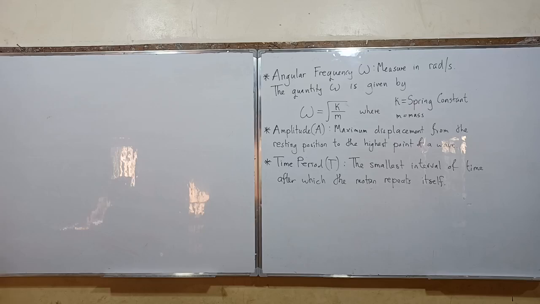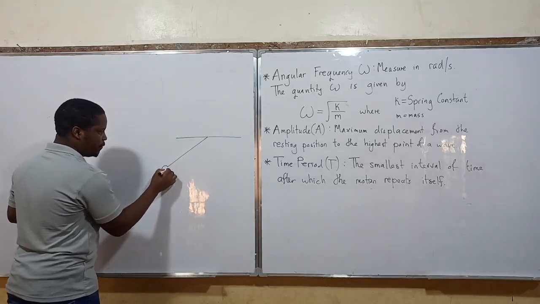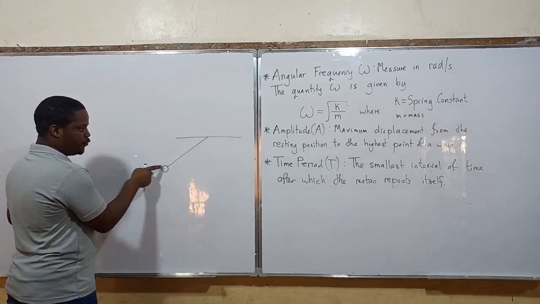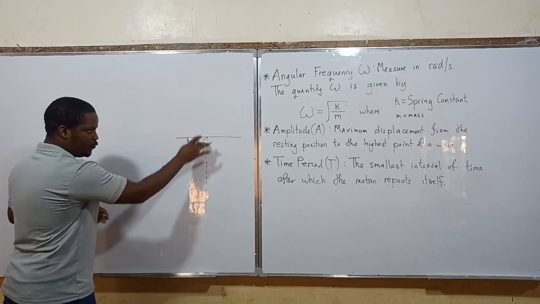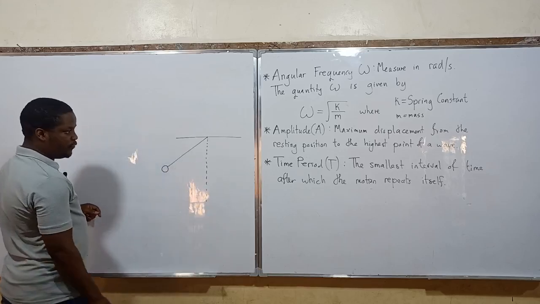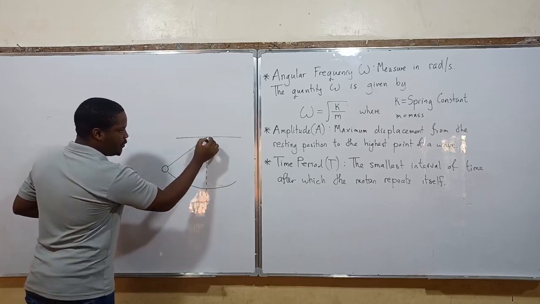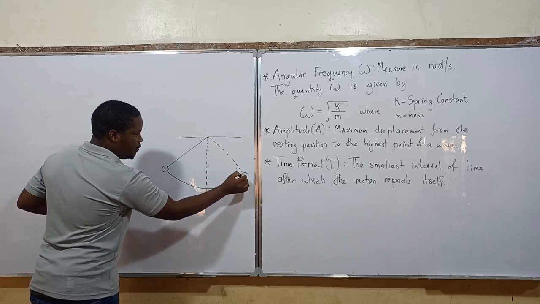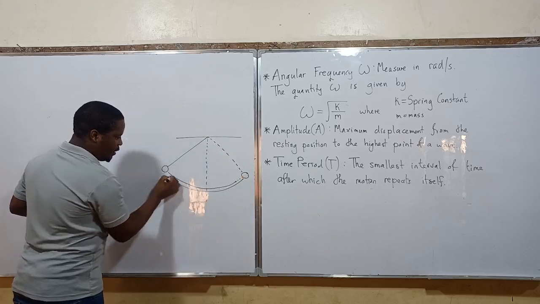Remember last time we defined this type of motion to be repeatedly back and forth, right? Think of a pendulum bob attached at this point. The resting position is here. Once you let it go, it will go in this direction to a certain point, then it goes back again, right?